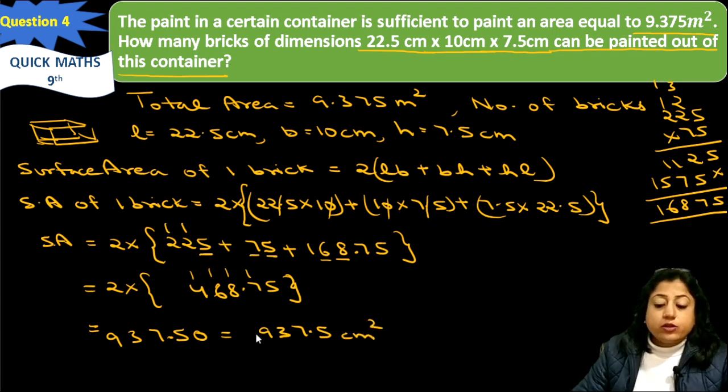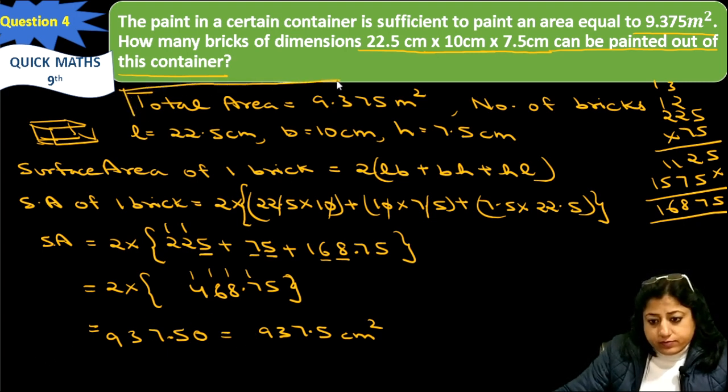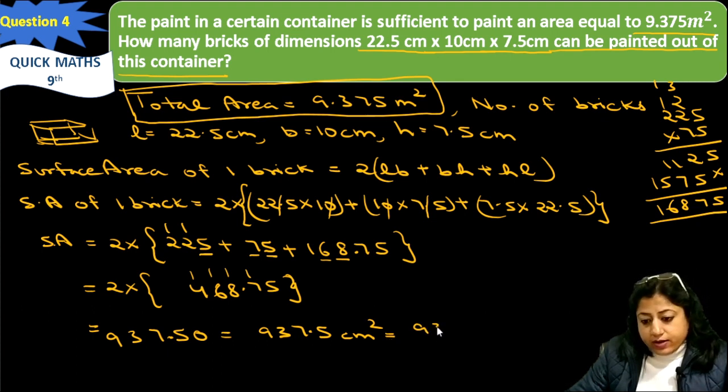And this is centimeter square. Now what is given? Total area is given in meter square. So we have to convert centimeter square into meter square. Meter square is the bigger unit, so we will divide 937.5 by 10^4.